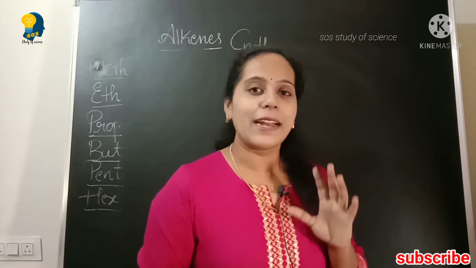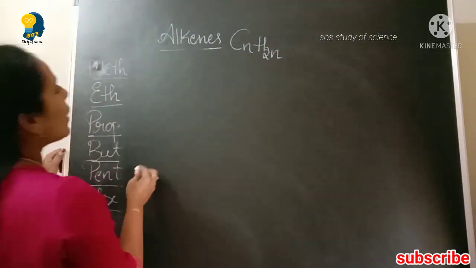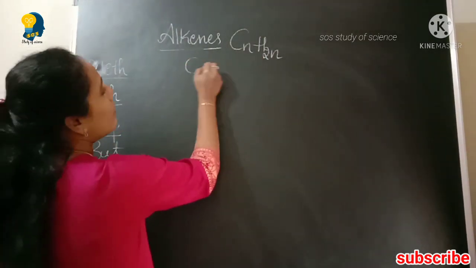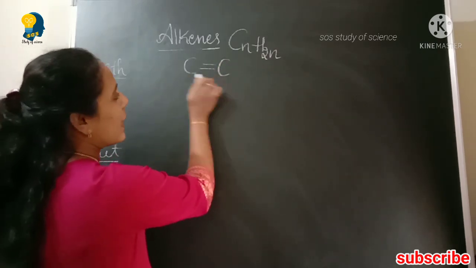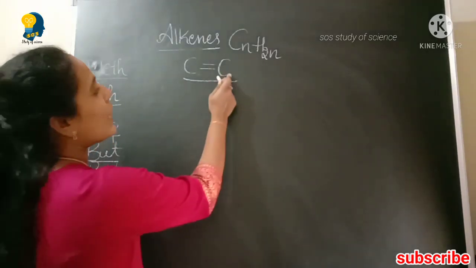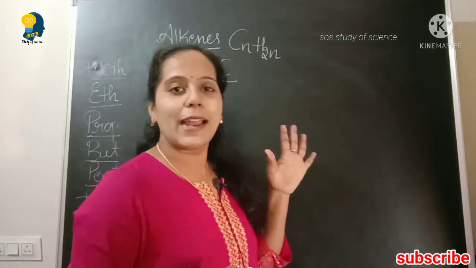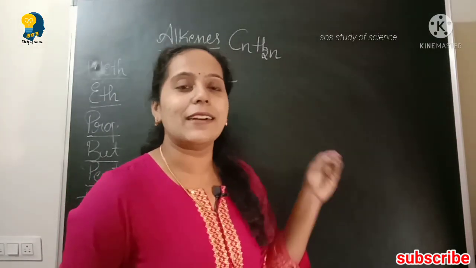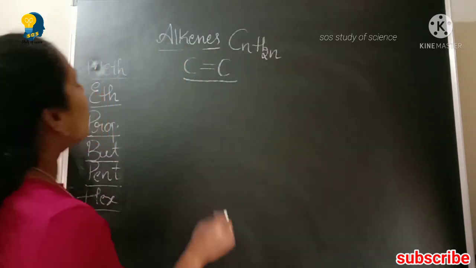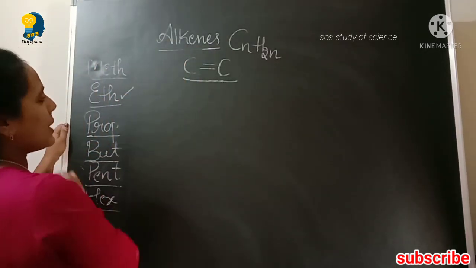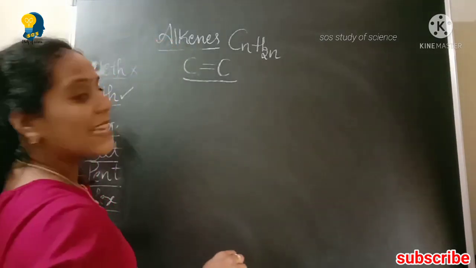To write a double bond between carbons, we need a minimum of 2 carbon atoms. With only a single carbon atom, it is not possible to write a double bond. So alkenes always start from eth, not from meth. The first member of alkene is ethene.